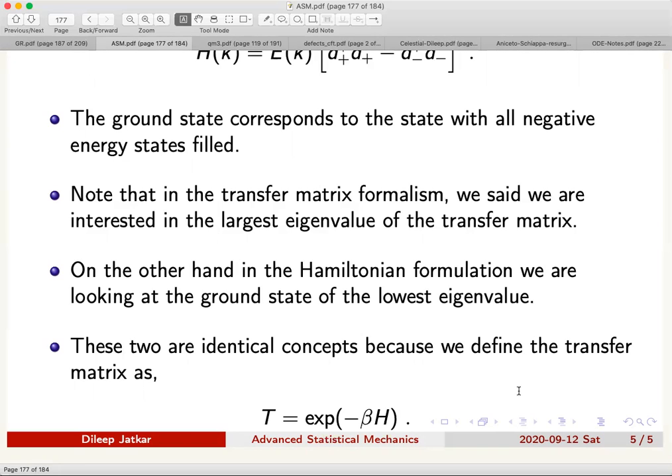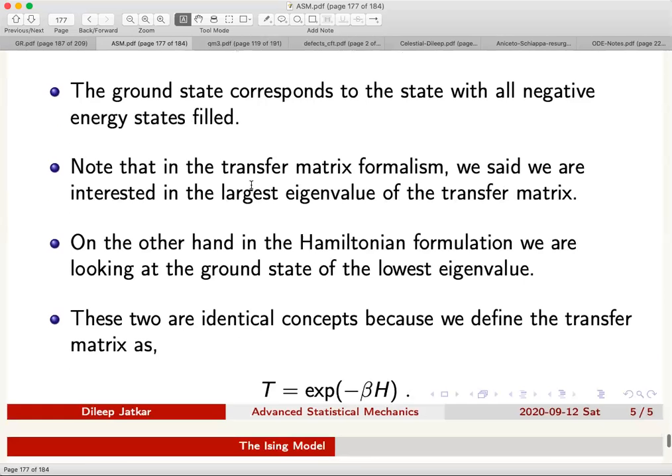Any higher excited state of the Hamiltonian would give you lower eigenvalues of the transfer matrix because of this relation, e to the minus beta H. So looking for the largest eigenvalue of the transfer matrix is equivalent to looking for the ground state of the Hamiltonian. I just wanted to get this connection cleared so that we know that we are doing the same stuff, no matter which formalism we are looking at.